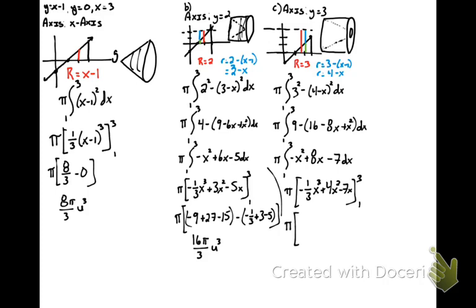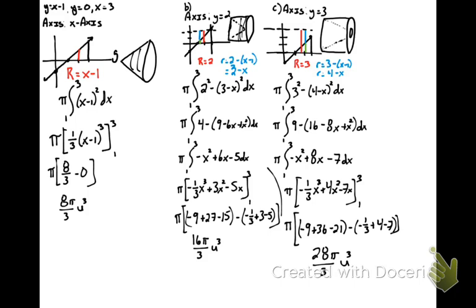Substituting in 3 again, this will be negative 9 plus 36 minus 21, minus, substituting in 1, this will be negative 1/3 plus 4 minus 7, and cleaning it up, we end up with 28 pi thirds units cubed.